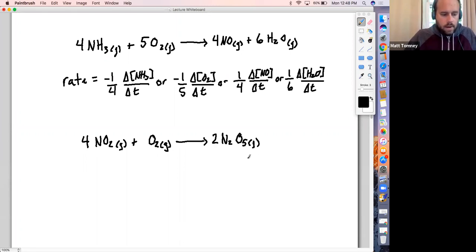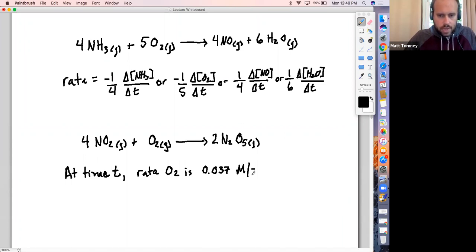Okay, now at time t, so we're taking a single time point. At some random time t, you measure this reaction and you find that the rate of disappearance for the oxygen is 0.037 molarity per second, right?